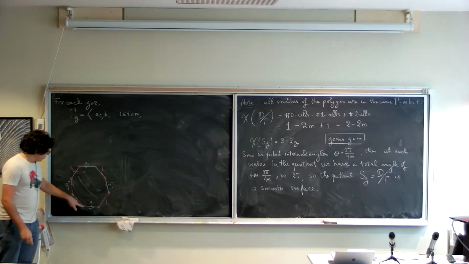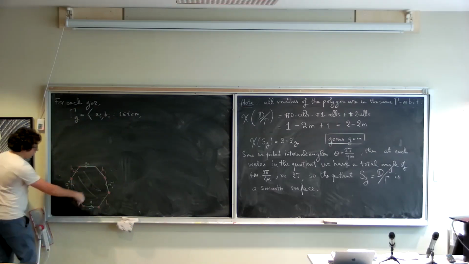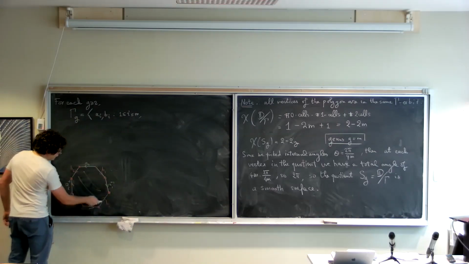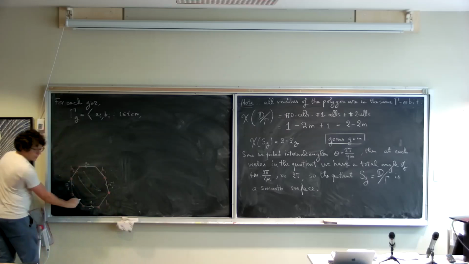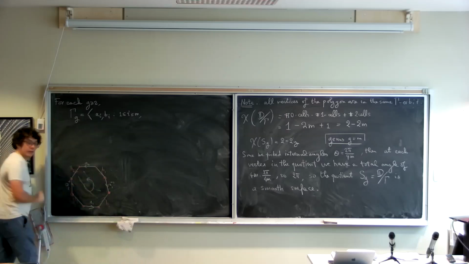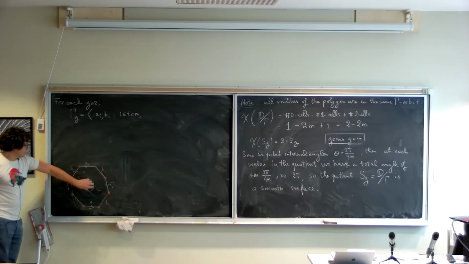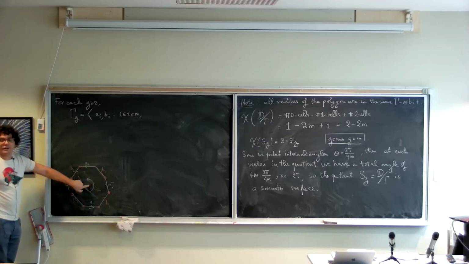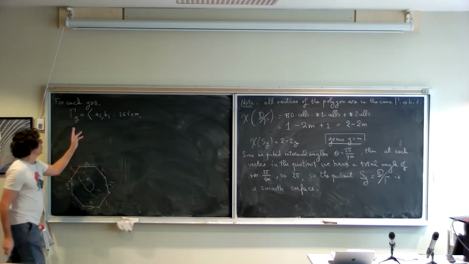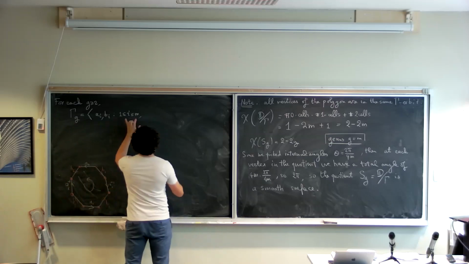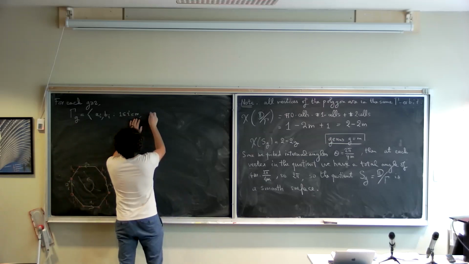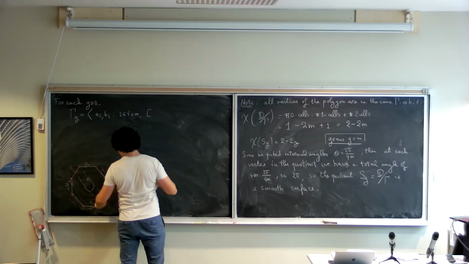If you concatenate all these paths, you get a loop. And this loop is homotopically trivial, so it can be contracted to a point. So it's the identity element in the group. And in fact, the only non-trivial relation we have is exactly this one.